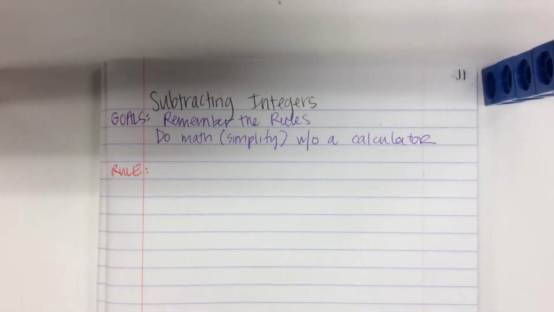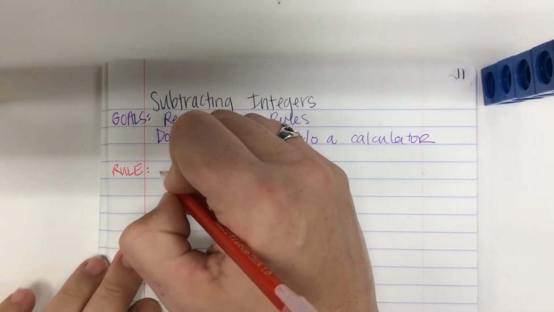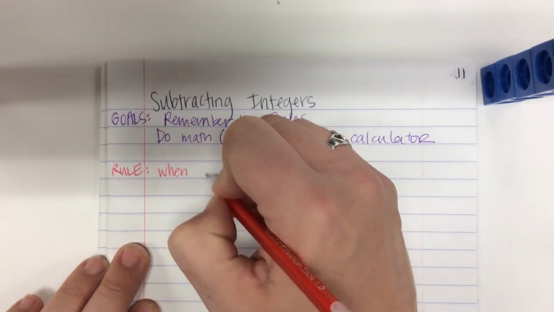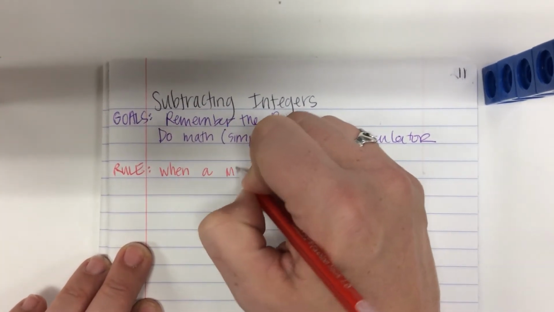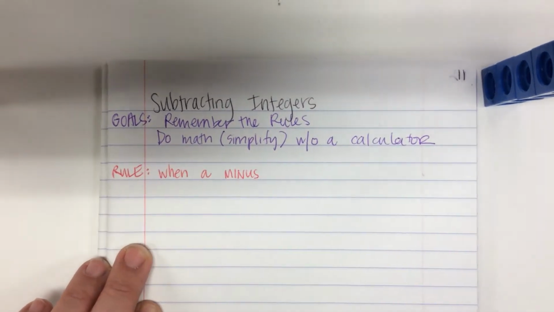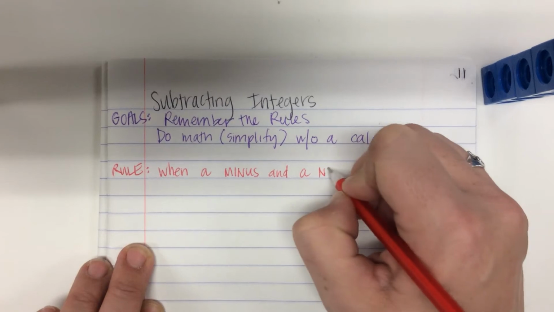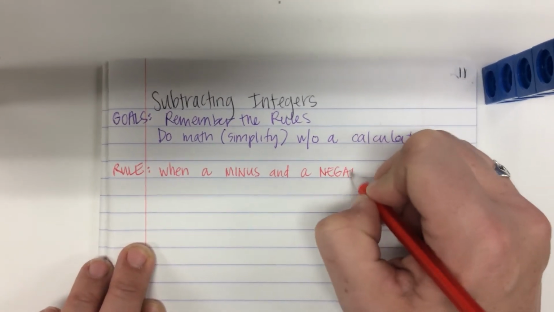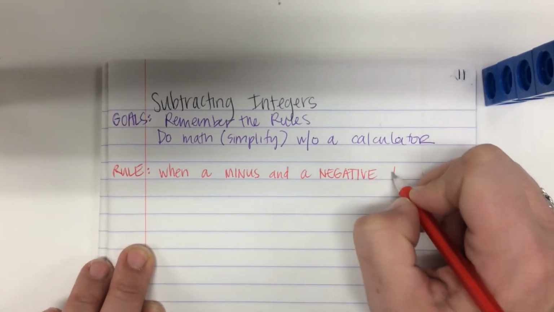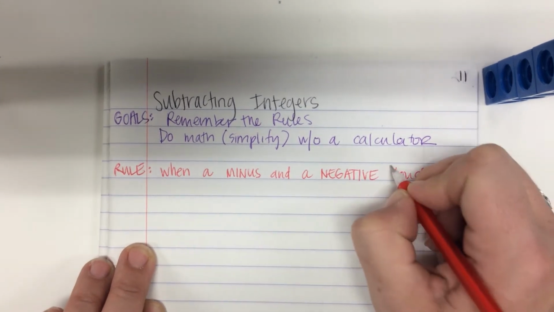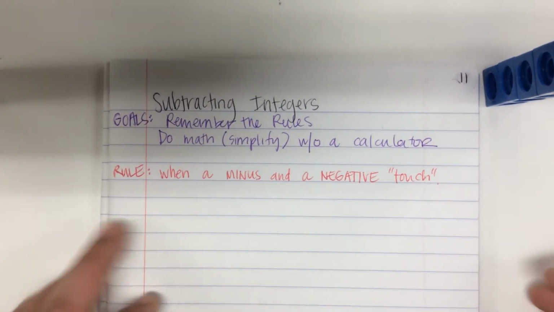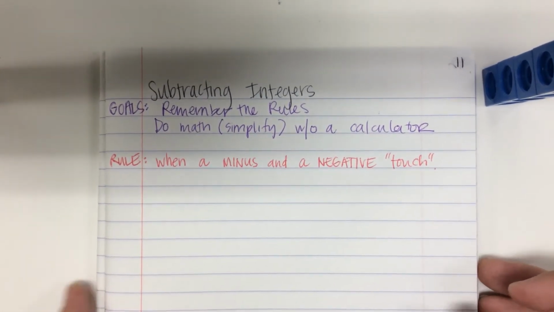We're going to add another rule. And this rule only works when a minus and a negative touch. I'm going to put parentheses because they really don't touch, but they're right next to each other.